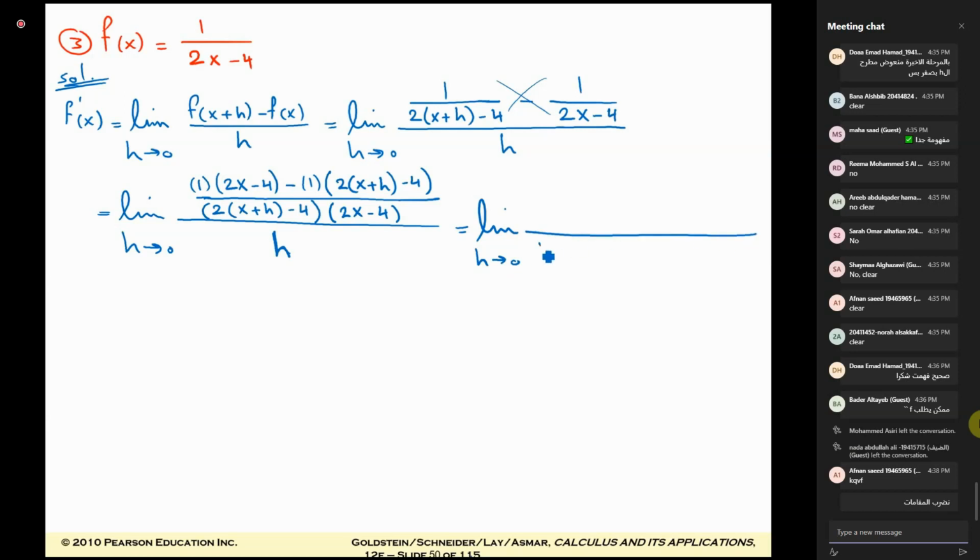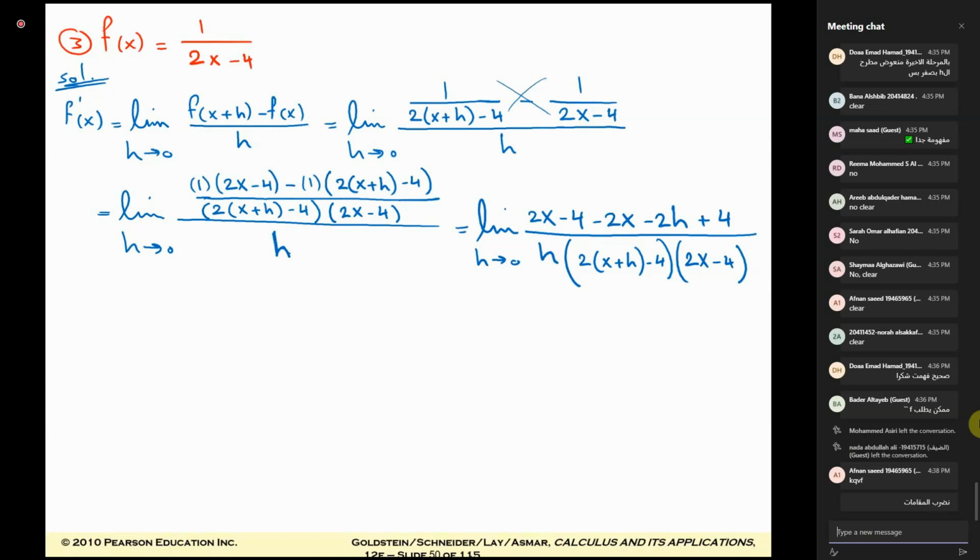So we have h multiplied by 2x plus h minus 4 and 2x minus 4, and in the numerator we have 1 multiplied by 2x, 1 multiplied by negative 4 is negative 4, negative 1 multiplied by 2 multiplied by x, we have negative 2x, and also negative 2h, and plus 4, like this after simplifying the numerator.